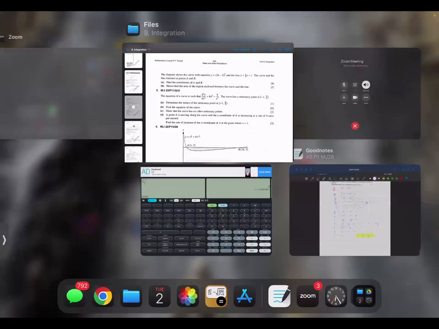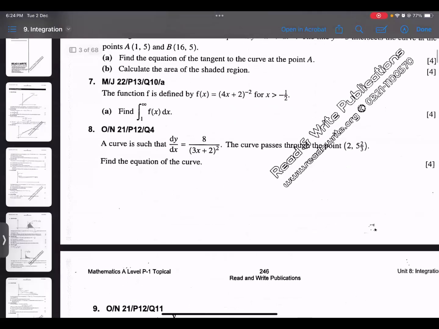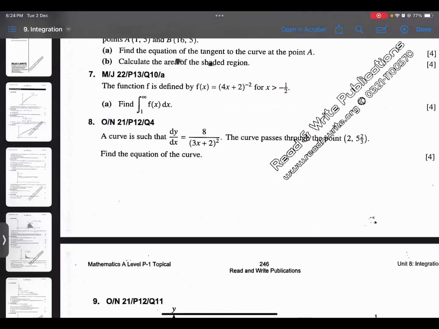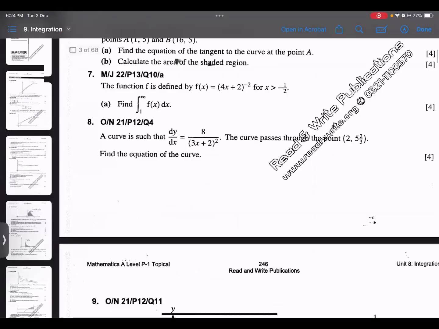Okay. Let's find another similar question. Question number 8.